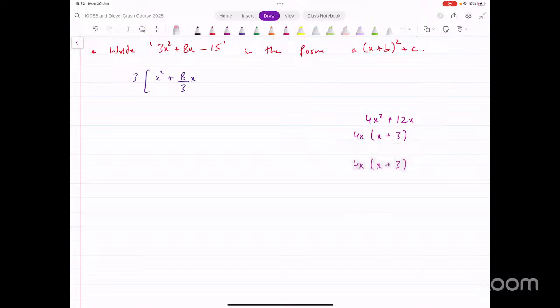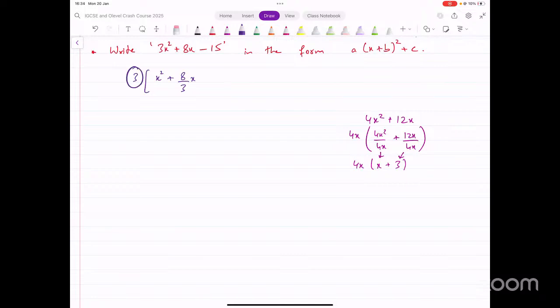It's because when you take 4x common, inside the brackets, you're basically thinking in your head that 4x squared is divided by 4x, and that simplifies to x. And similarly, 12x is divided by 4x, and that simplifies to 3. So whatever you take common outside is essentially what you divide by inside the brackets.